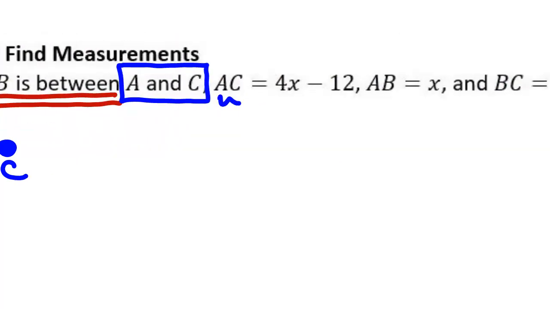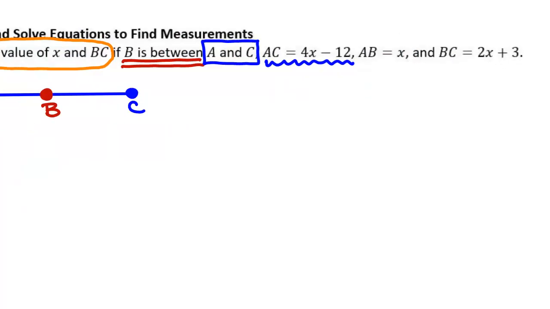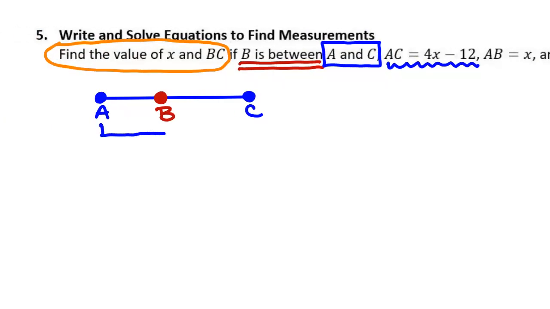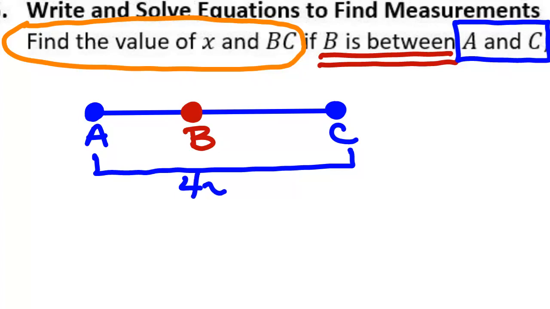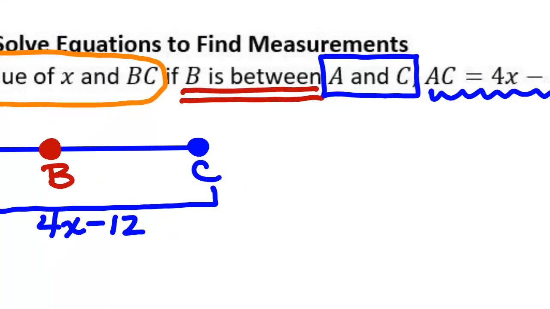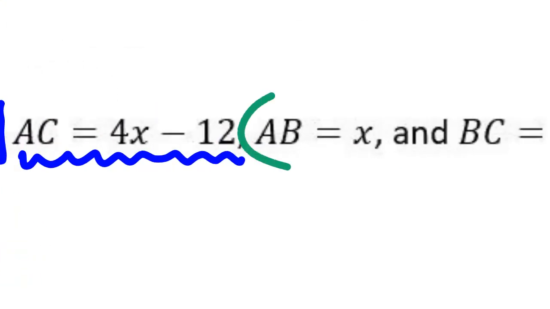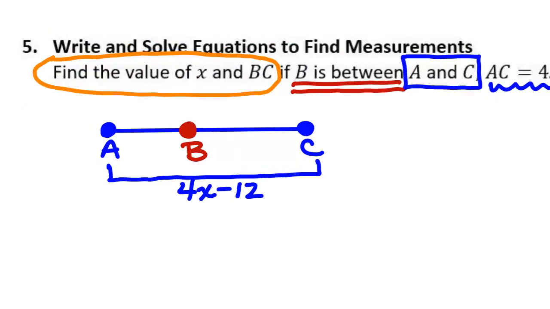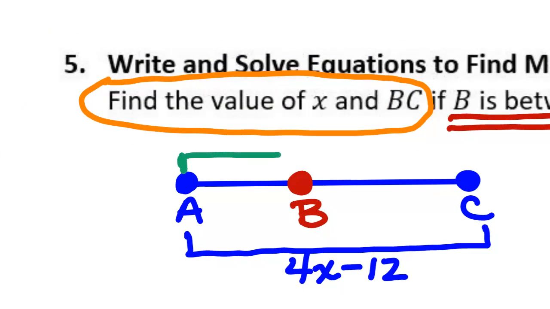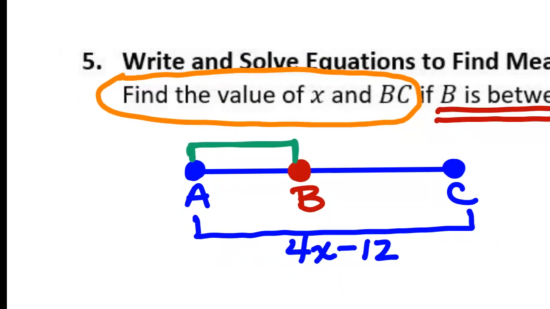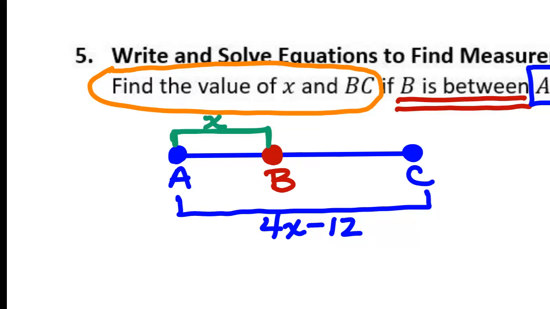It tells me right here that from A all the way over to C is 4x minus 12. Segment AB, this little piece from right here over to here, is x units big.